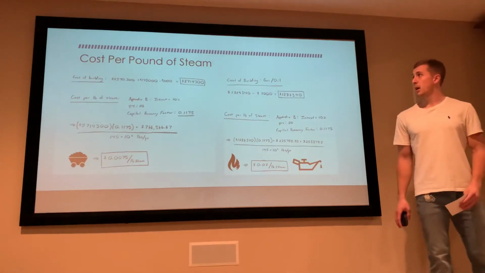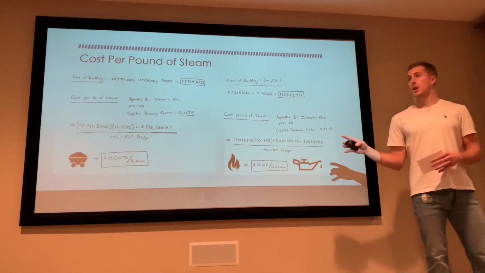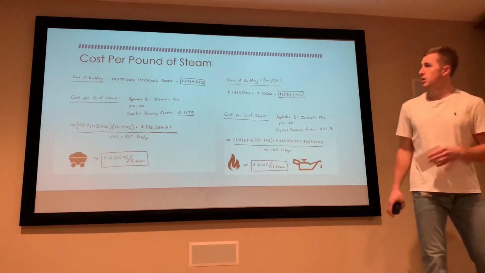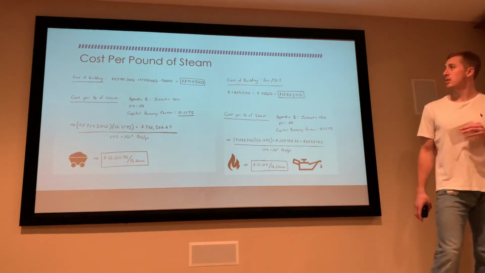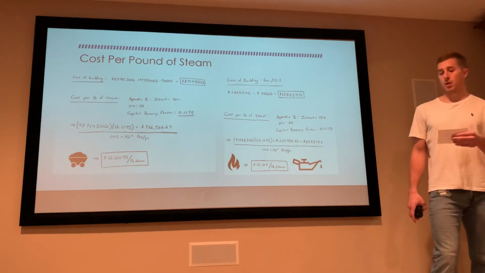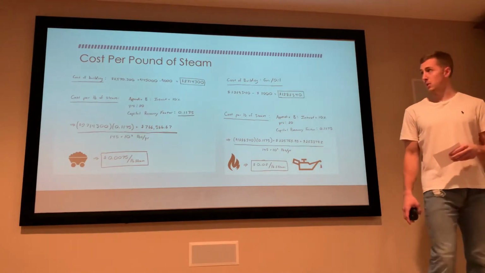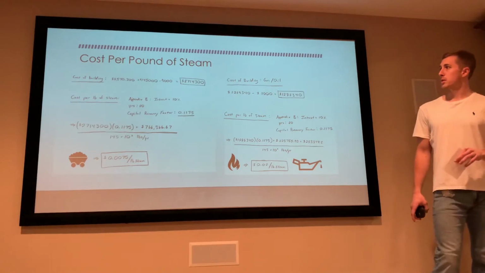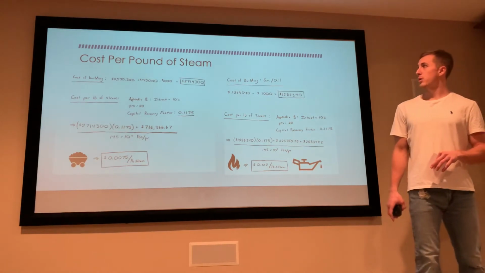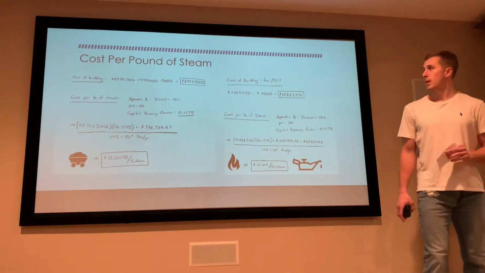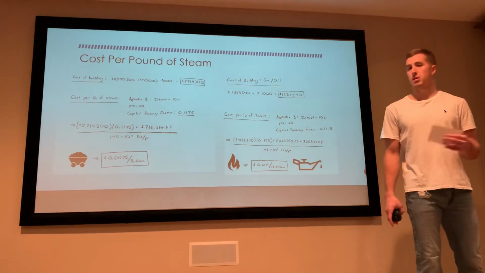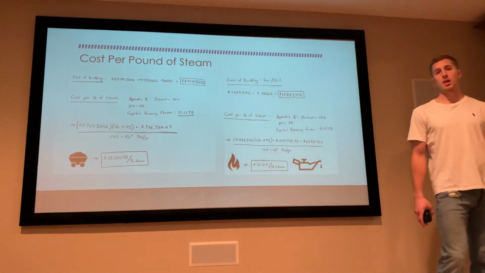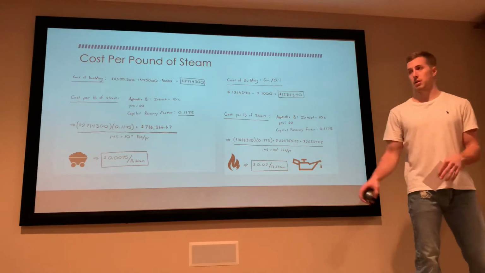Now we're looking at the cost per pound of steam, but first we're going to look at the cost to build each setup. For coal, it costs $2.5 million to build, and then we have to also add the electrostatic precipitator as well, and then we can subtract the salvage value from this cost of building, and we get about $2.7 million. And then we're looking at the cost per pound of steam. How much is it going to cost to create 1 pound of steam through this process?